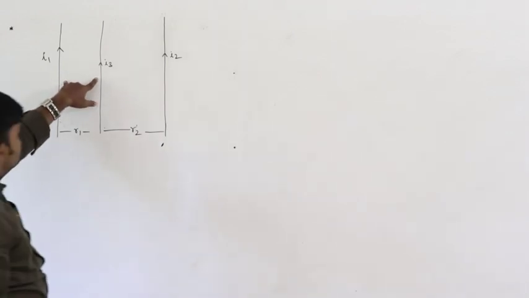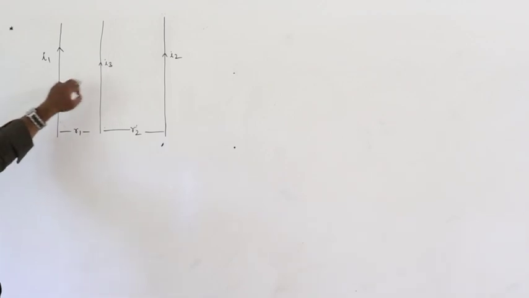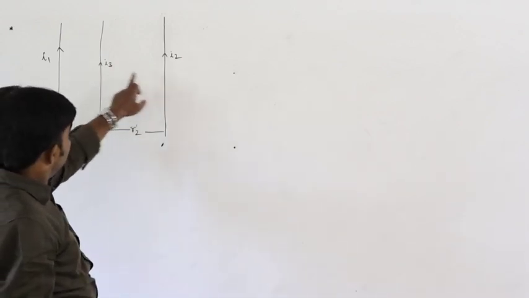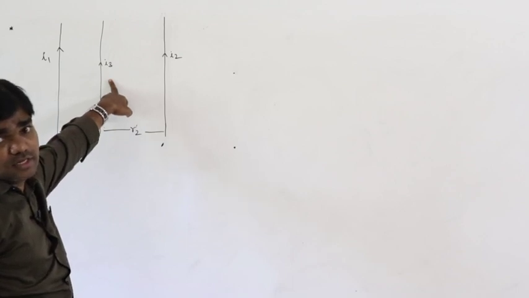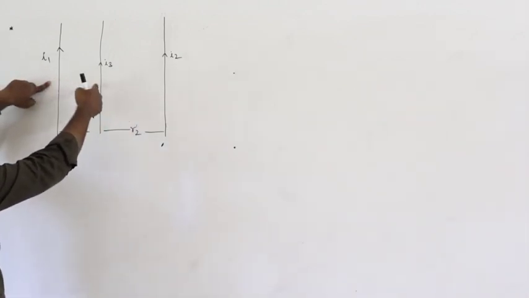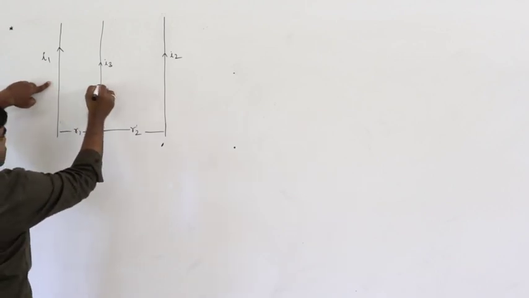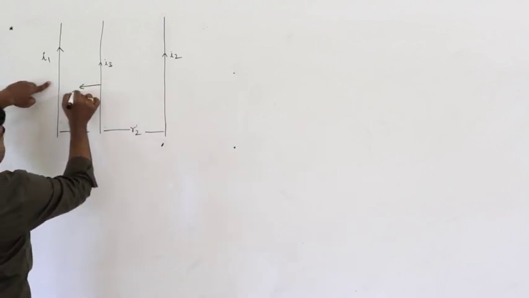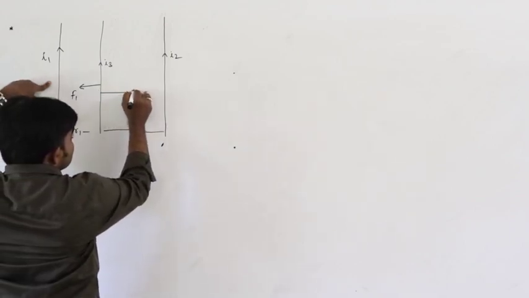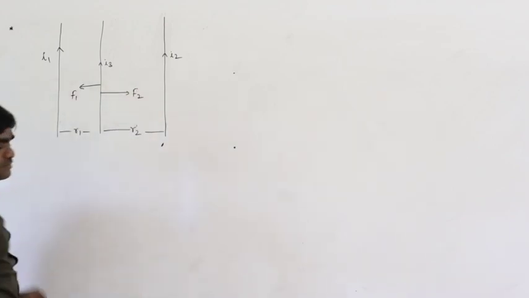Here I1 and I3 must be in the same direction, and I2 and I3 also must be in the same direction. That means the first conductor attracts this one in this direction, let us say F1, and I2 also attracts in this direction, F2.